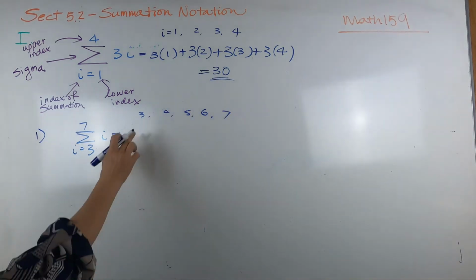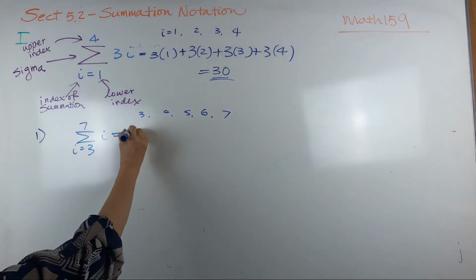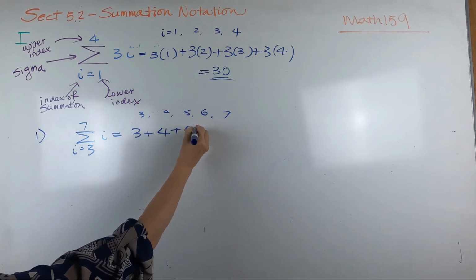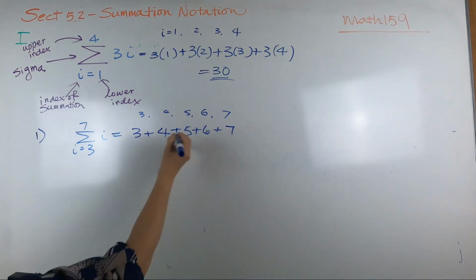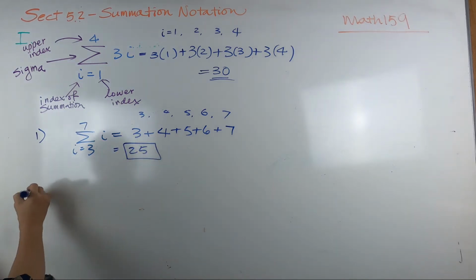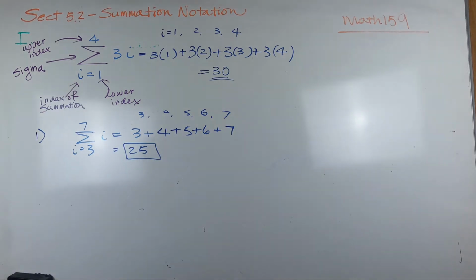So when i is 3, the term is 3, when i is 4, it's 4, and you add them up. So your answer should be 25. Got it? Okay, that's how we do it.